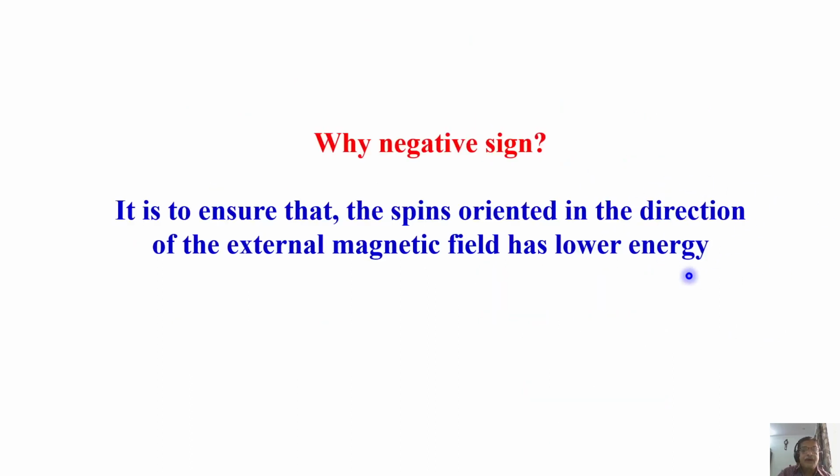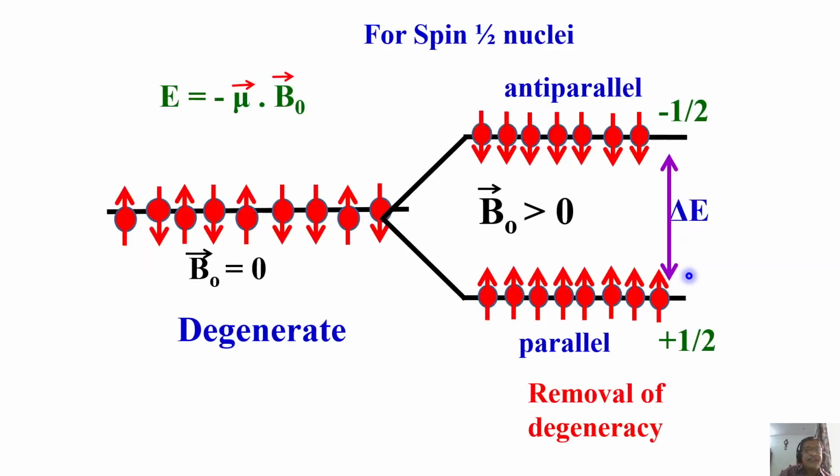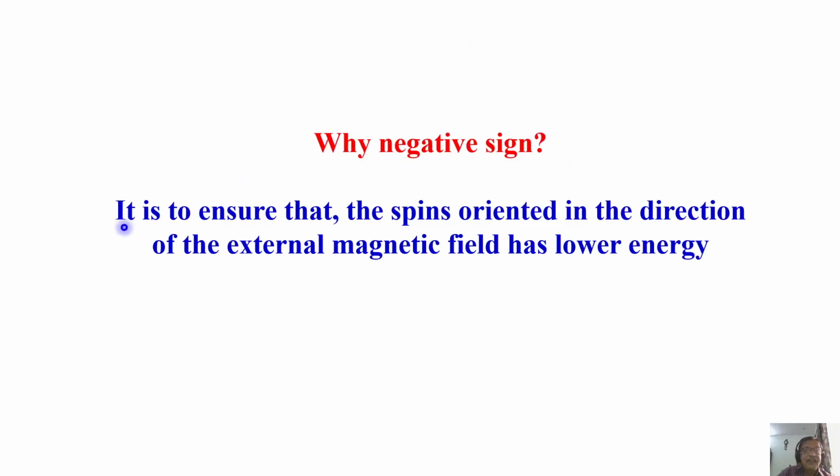Now, in this equation I have put a minus in the interaction energy. Why have I put a minus? There is a reason for it. It is to ensure that spins oriented in the direction of the external magnetic field have lower energy.